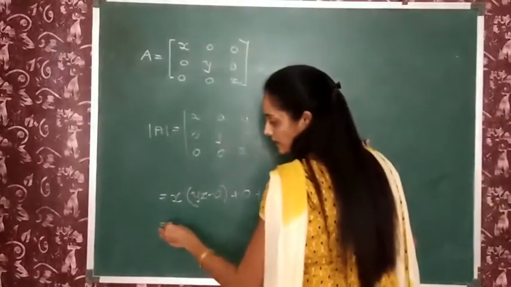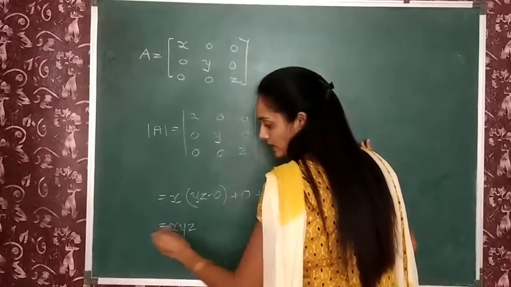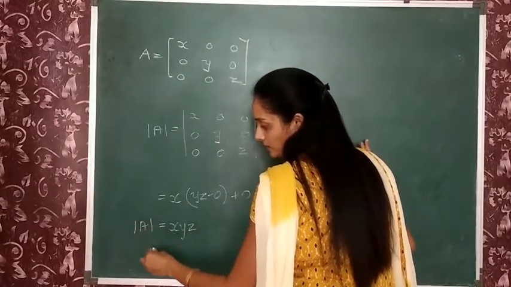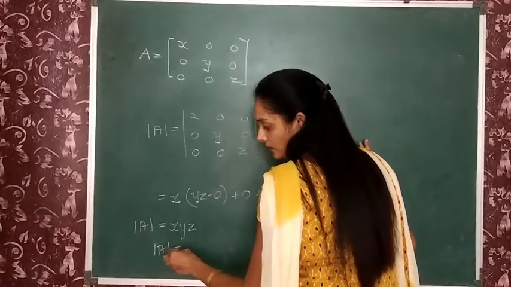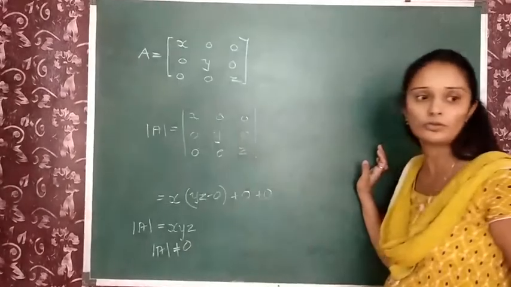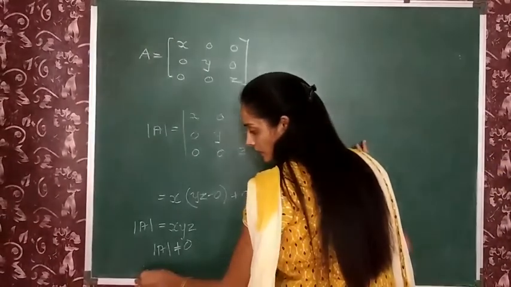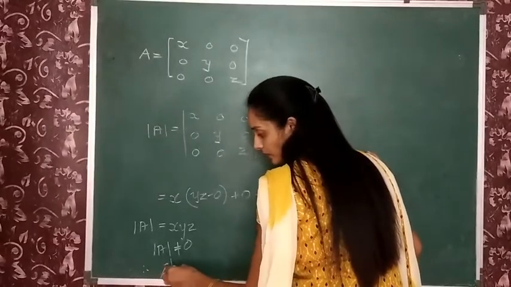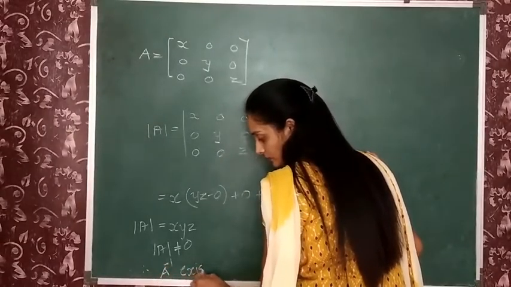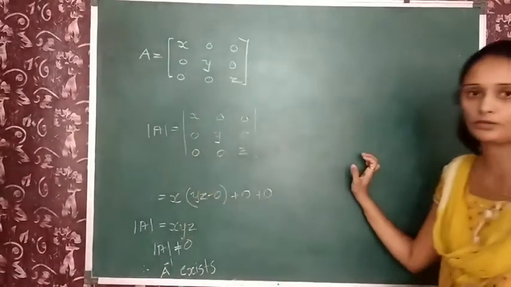So the answer is xyz. That means the determinant of A is not equal to 0, and therefore A inverse exists.